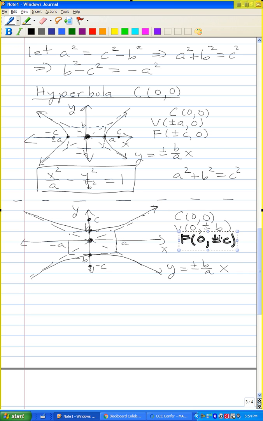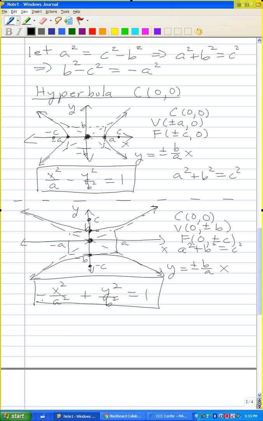Okay, and I have that a squared plus b squared equals c squared. So the equation for this hyperbola is negative x squared over a squared plus y squared over b squared is equal to 1.